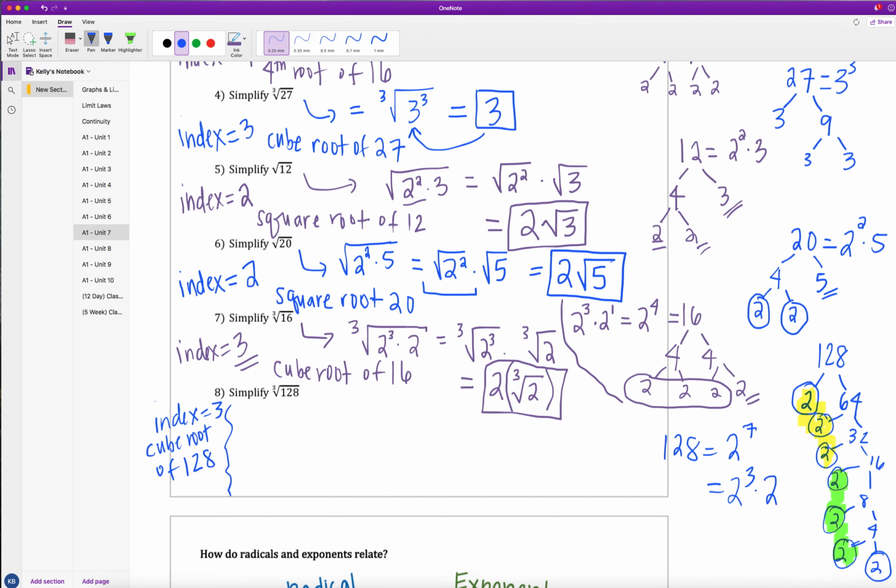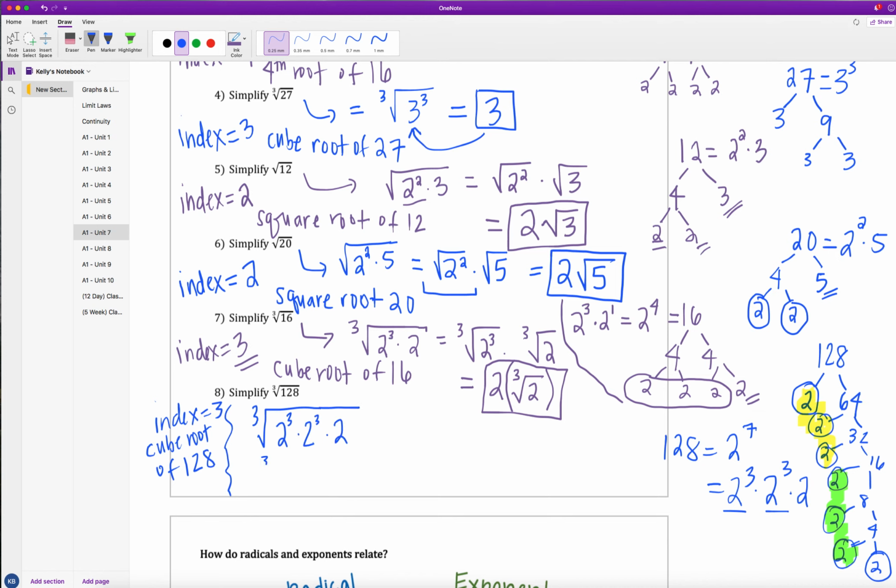So I have 2 to the 3rd times 2 to the 3rd times a 2 to the 1st. And that's okay. We saw what happened in example 7 when we had an extra left over too. But in this example, it just so happens that we actually have 2 of them that we can group together in groups of 3. So I can now rewrite the cube root of 128 as 2 to the 3rd times 2 to the 3rd times our 2.